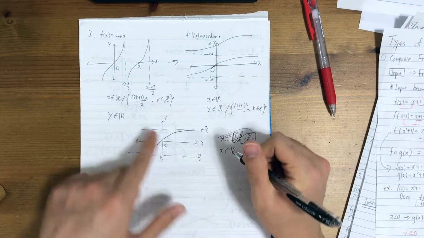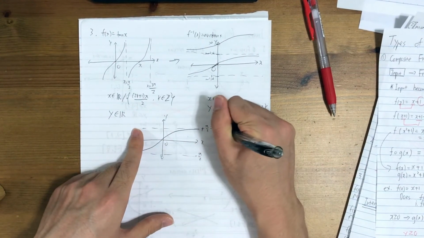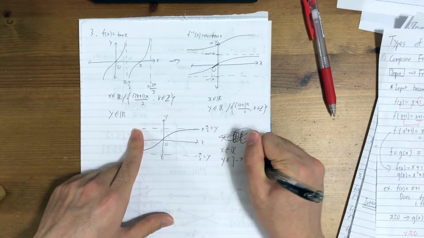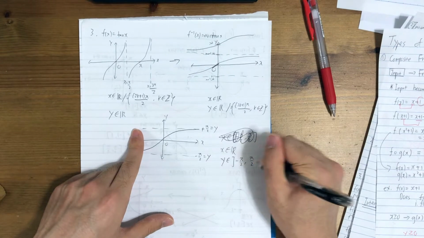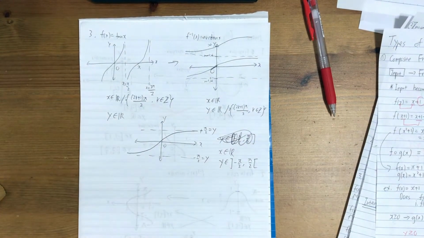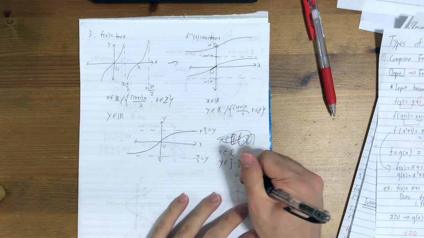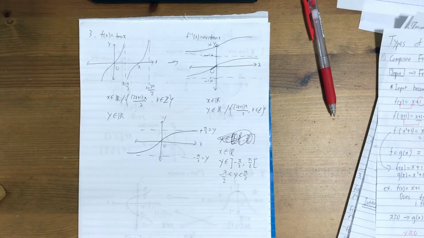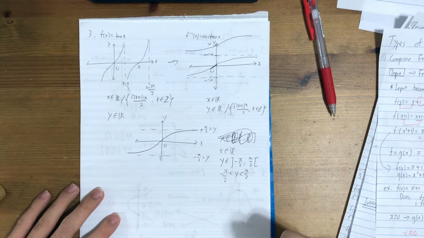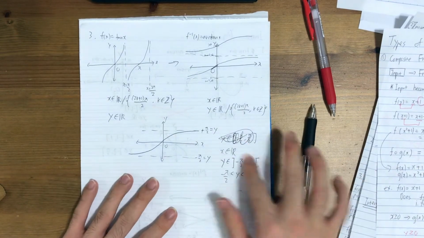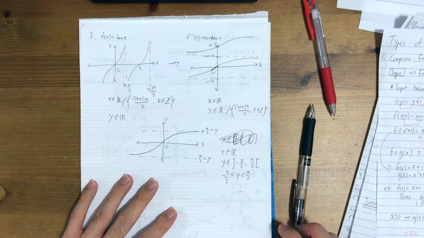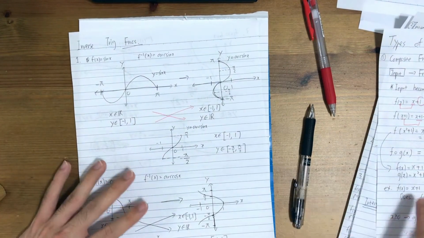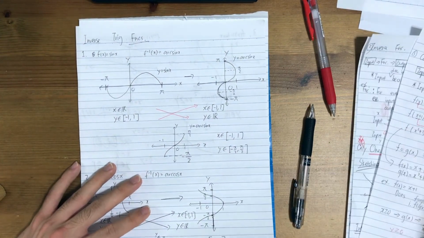So we clearly see these two are the horizontal asymptotes. So y is between negative pi over 2 and pi over 2, but not inclusive. Okay, and this is how we can write it. Or you can just write it like this without using set notation. But again, it's good to know how to use set notation to define range and domain. Okay, so these are the three additional functions that you have to know for HL students.